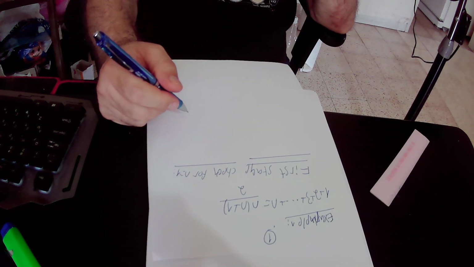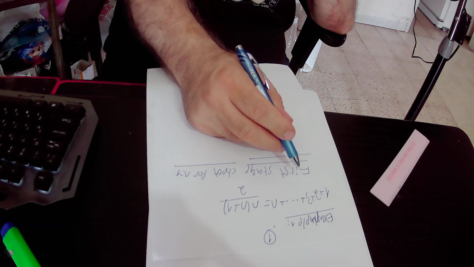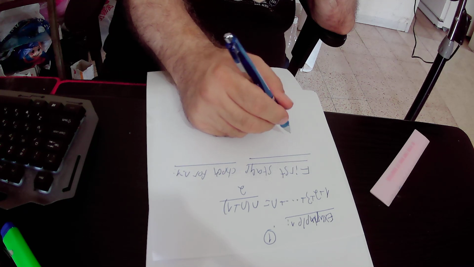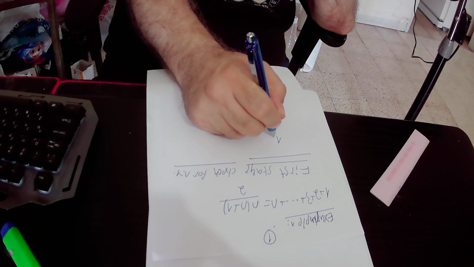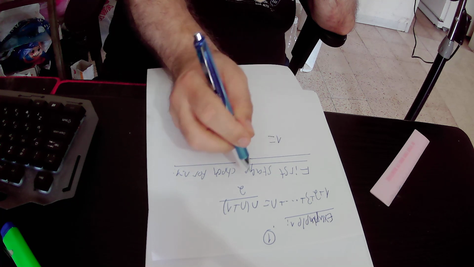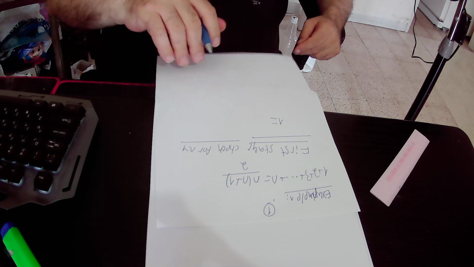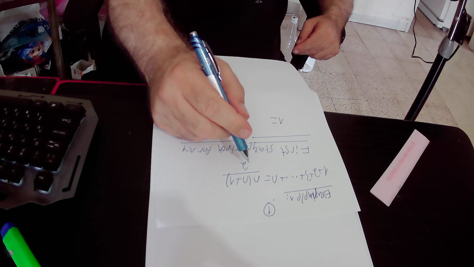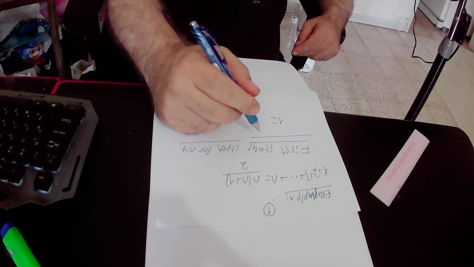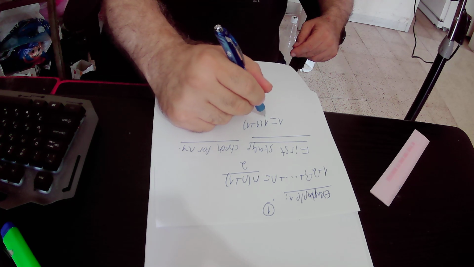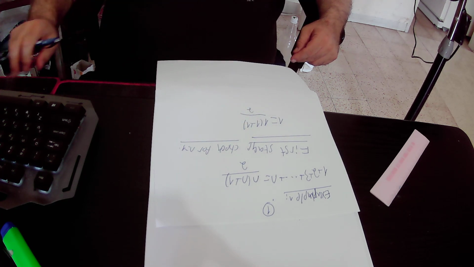Okay, so in this side of the equation we will have only 1 because n equals 1, and 1 equals. On the other side of the equation we have n times n plus 1 divided by 2, and n equals 1, so it will be 1 times 1 plus 1 divided by 2.